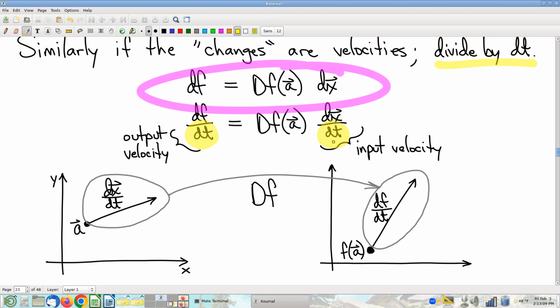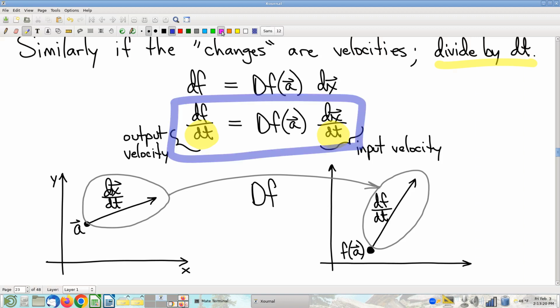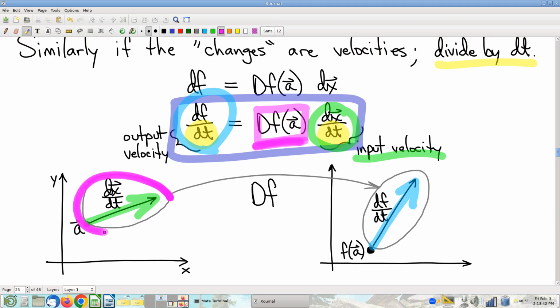But dividing by dt, I can now reinterpret this equation as saying that what the derivative matrix does is it turns input velocities, not changes, but rates of change, into output velocities. So the derivative matrix turns that velocity vector into that velocity vector. So nice interpretation.